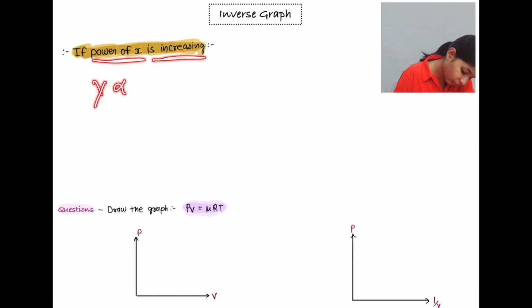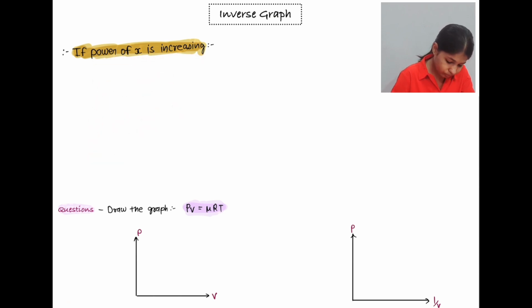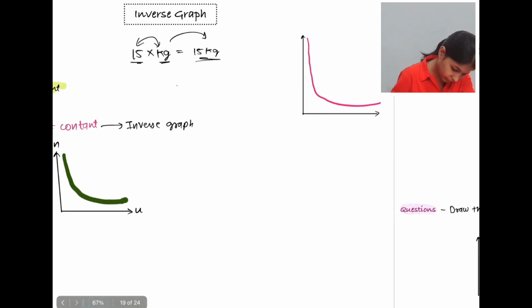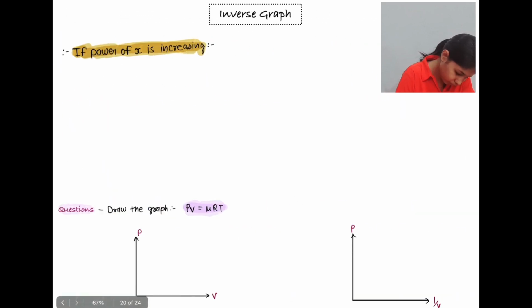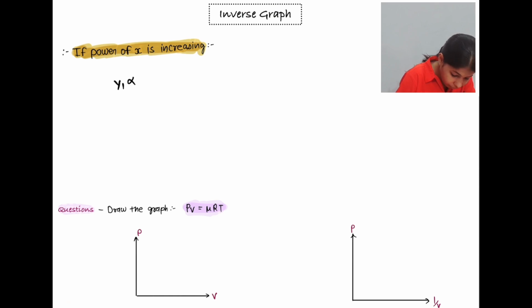If I'm writing y is directly proportional to x raised to the power minus 1, this is y1.